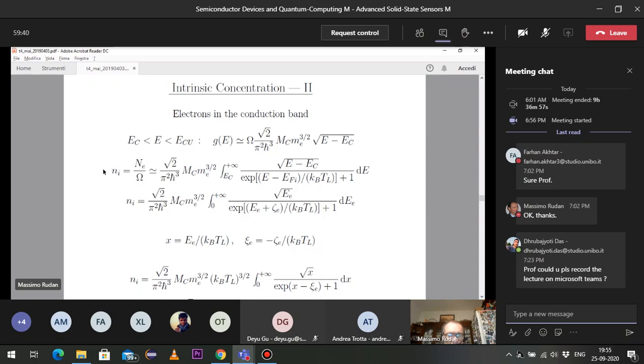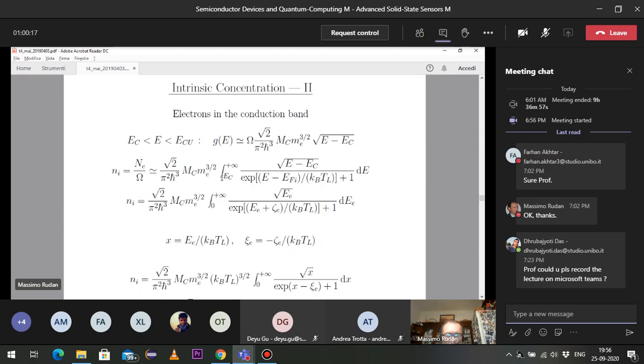Then the concentration, you remember, is n, which is the total number of electrons divided by omega, but g is proportional to omega, so we just eliminate omega. We extract all the constants. We introduce the square root of E minus E_C for the density of states. We divide by this denominator because this is the Fermi statistics. We integrate over energy.